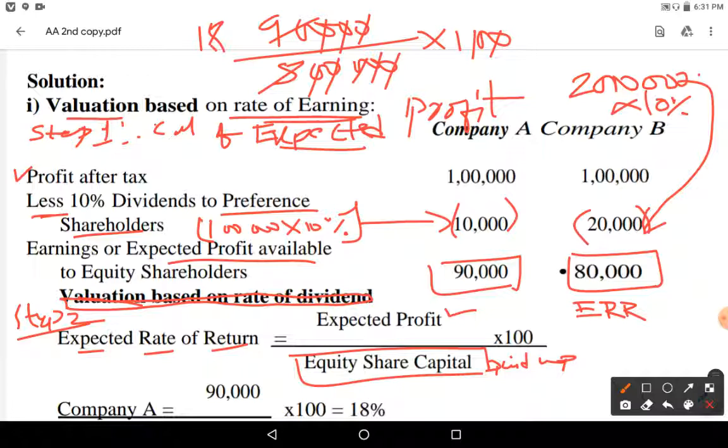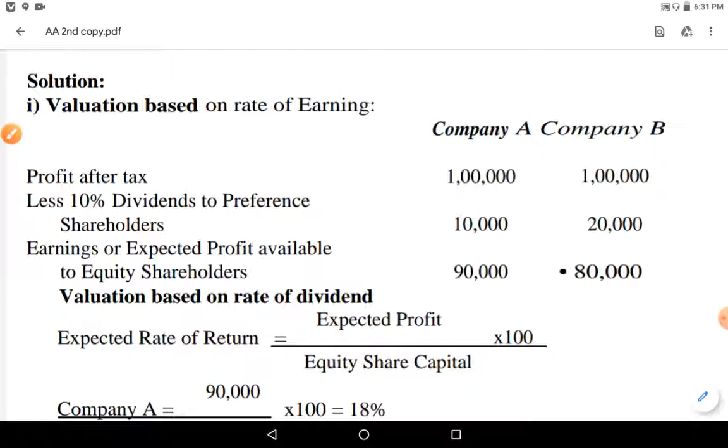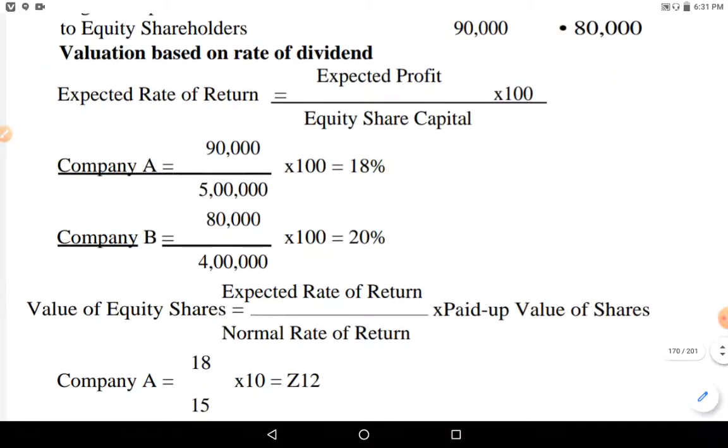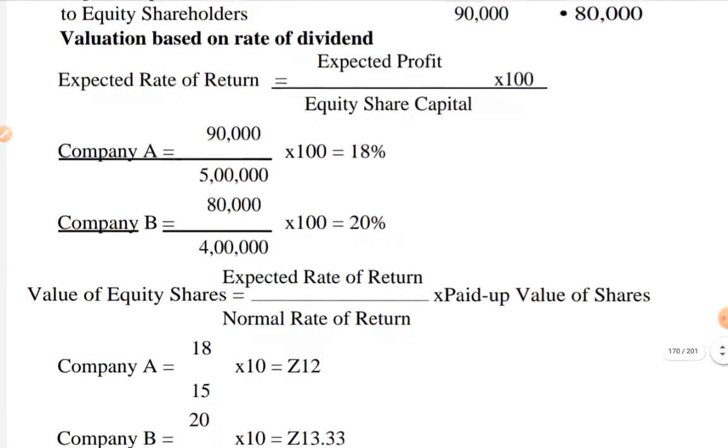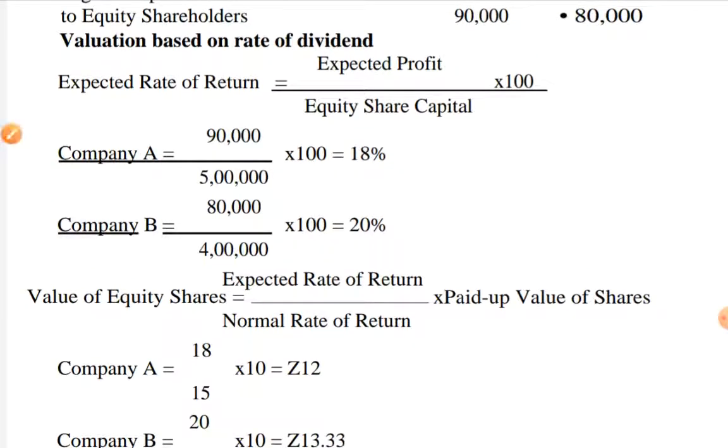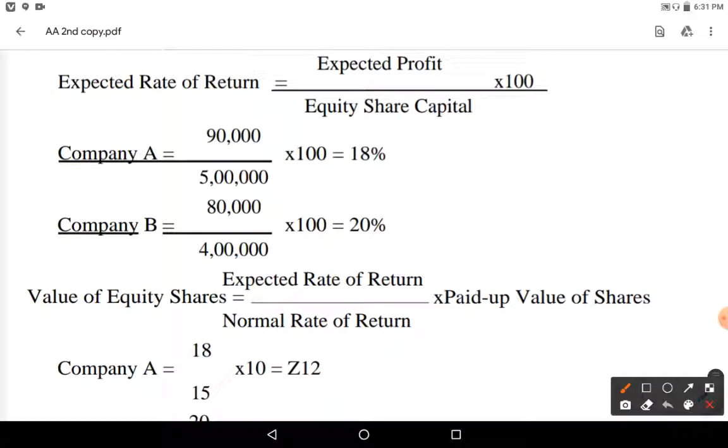We need to do this. I'll just show now. So in step 2, after calculating expected profit, we calculate ERR: company A, 90,000 divided by 5 lakhs into 100, 18%.